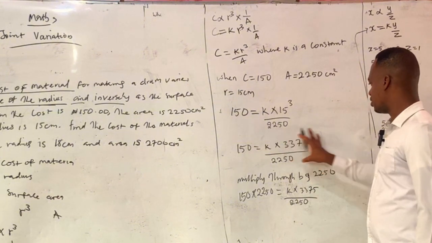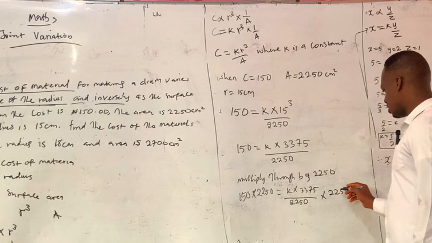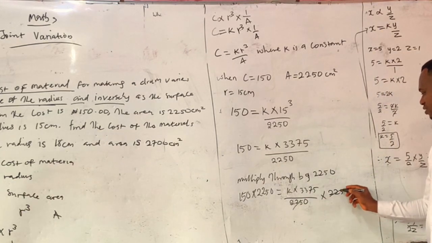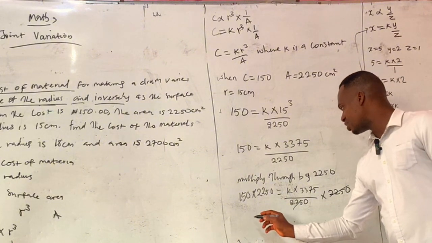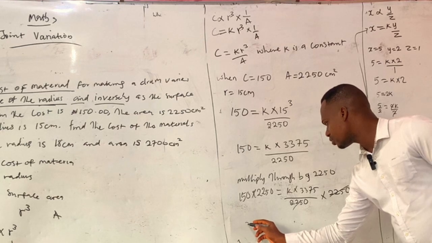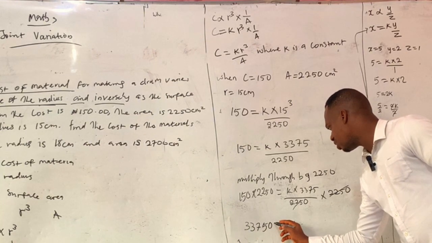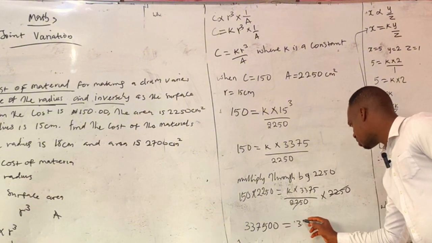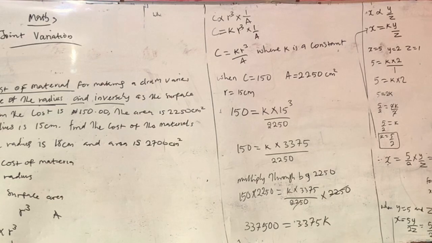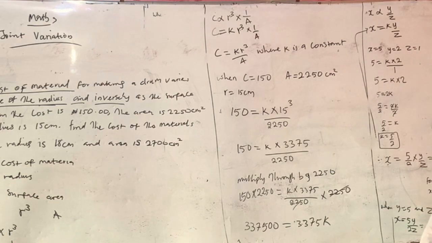We multiply it also by 2,250. In this case now, 2,250, we divide this to give us 1, and we are left with these. Can we just multiply out? 337,500 is equal to 3375K. So as usual, we divide both sides by the coefficient of K, which is 3375.